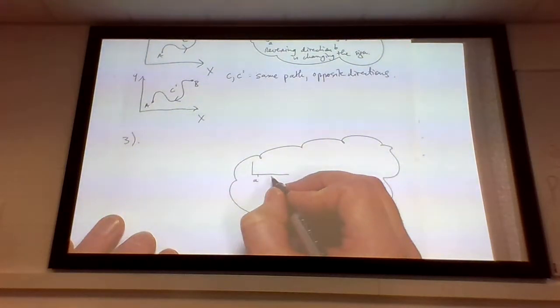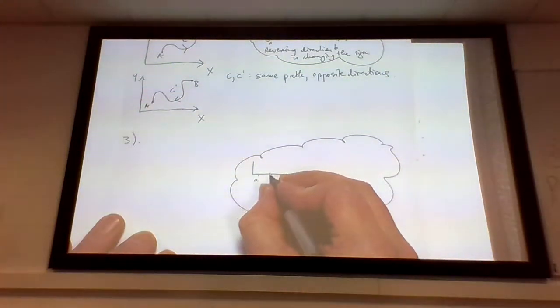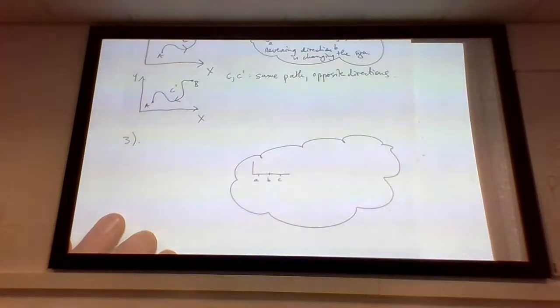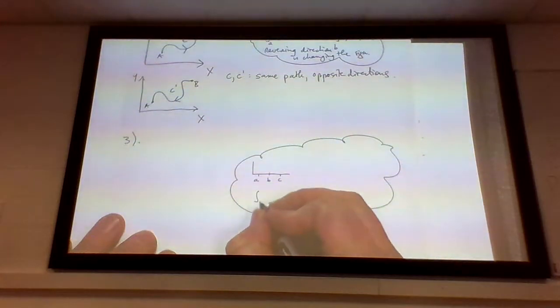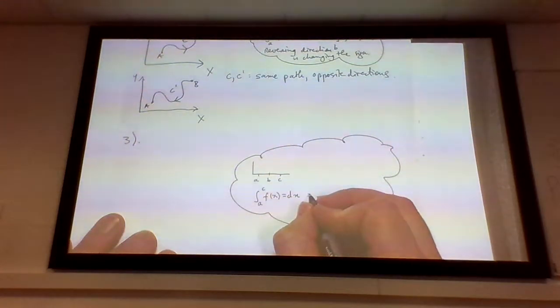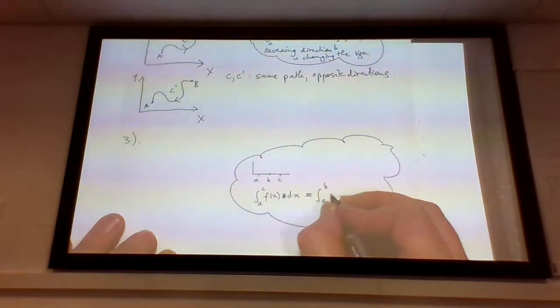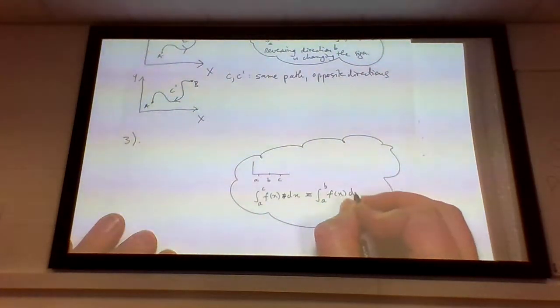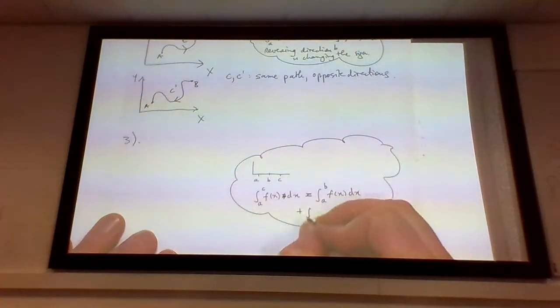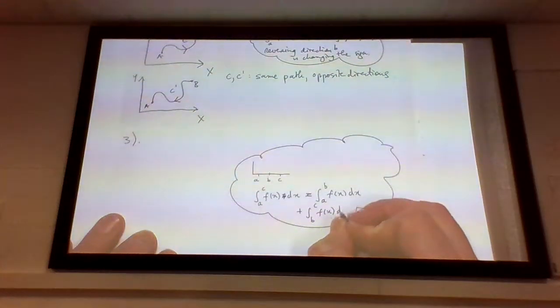You've got an A, these intermediate ones, an A and a B and a C. The thing you're familiar with is that the integral from A to C of f of x dx, if you're minded to, you can split that up as the integral from A to B of f of x dx plus the integral from B on to C of f of x dx.